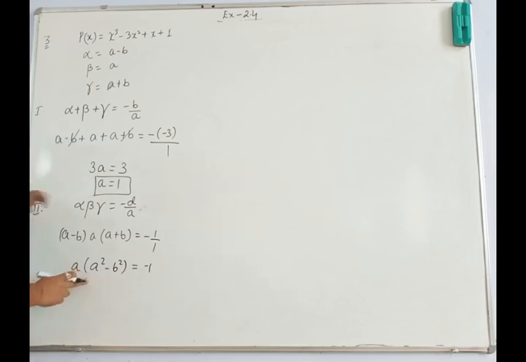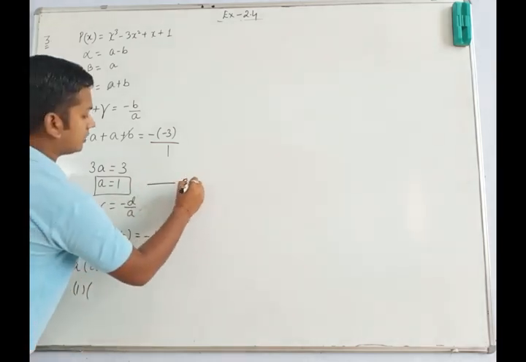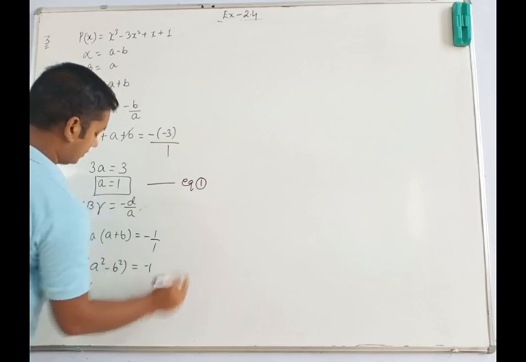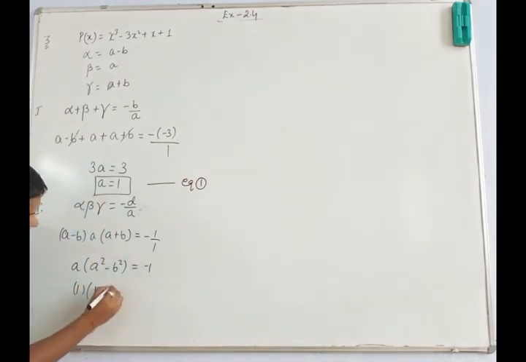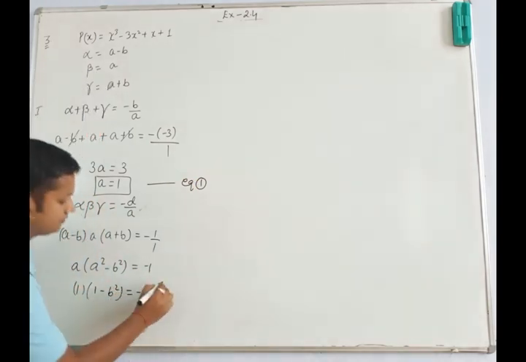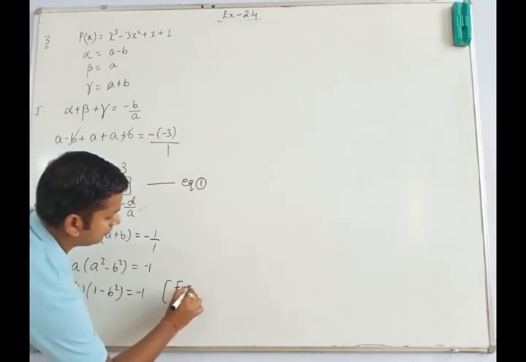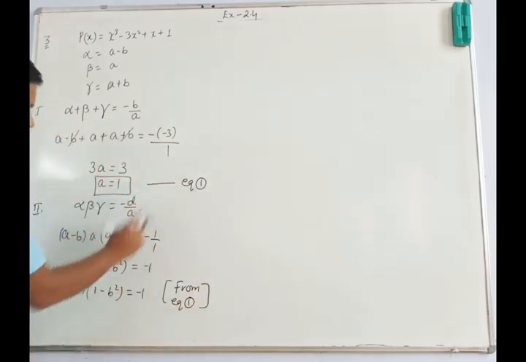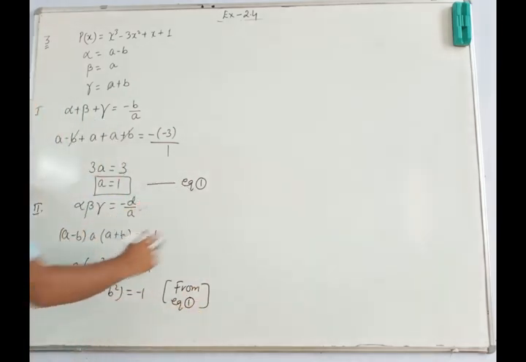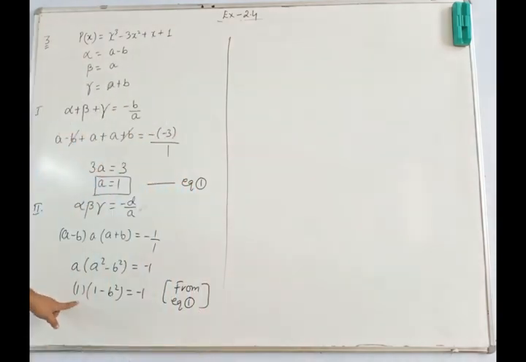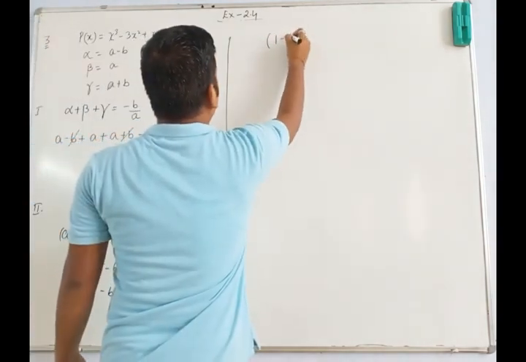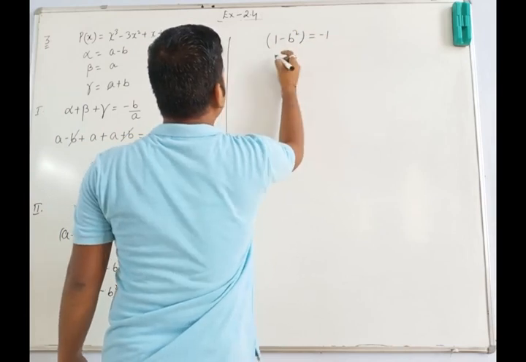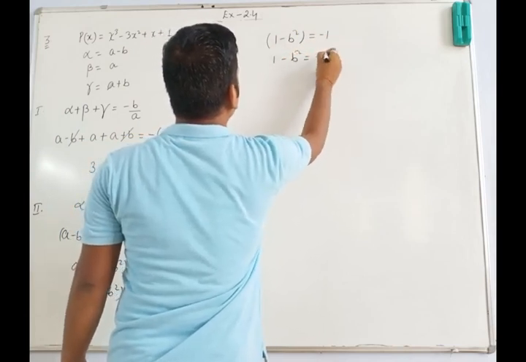Now the value of a is what? 1. So let's put the value of a as 1. So let's take it as equation 1, equals to minus 1. So here we will be writing from equation 1. We have kept the value of a as 1. Now it will become 1 minus b square equals to minus 1.